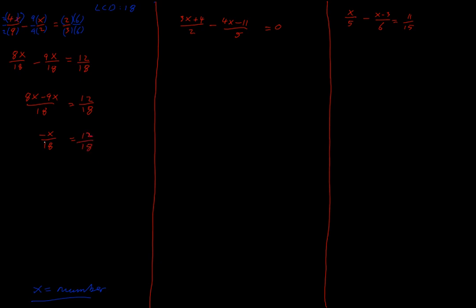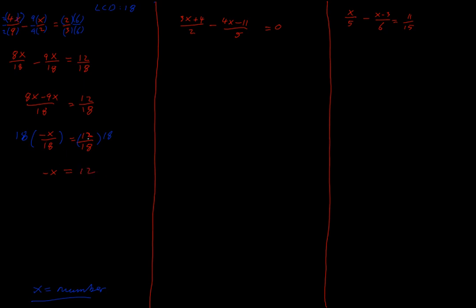Now I can see I have minus x divided by 18 is equal to 12 all over 18. Well, that makes me think I could multiply both sides of my equation by 18 and I would get rid of my fraction. So I would have 18 divided by 18 would give me 1, so I'd be left with just minus x, and I would have 18 divided by 18 is 1, and I'd be left with 12 on the right hand side.